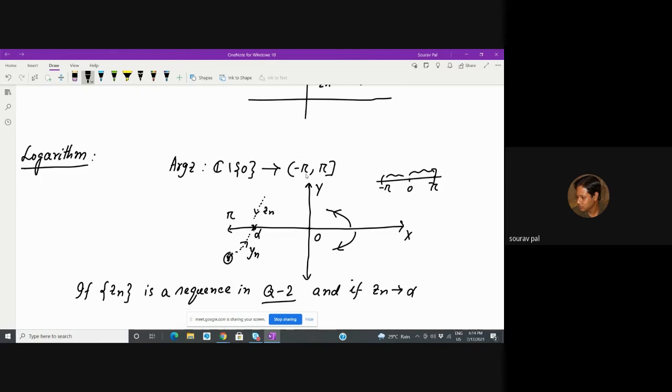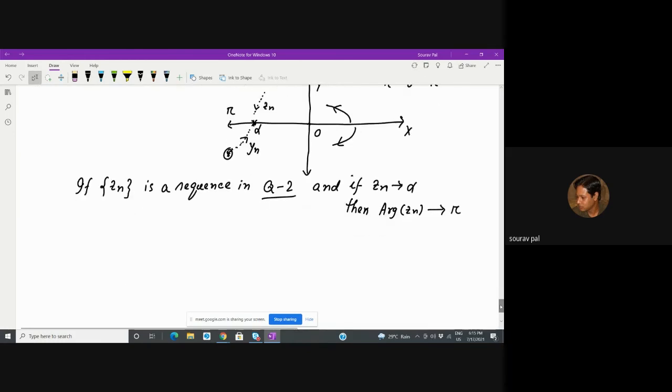This is the reason we choose a half interval, not a closed interval, right? A half open interval. Yeah, thank you very much. So then this converges to pi, okay?